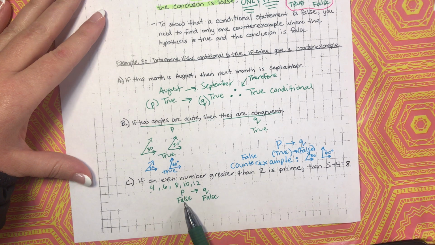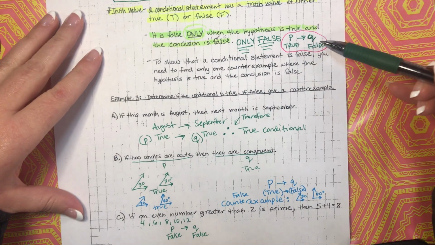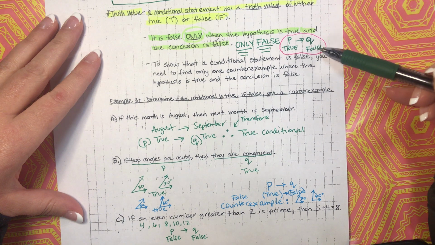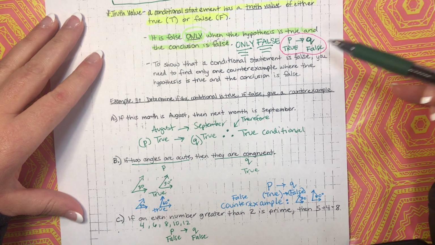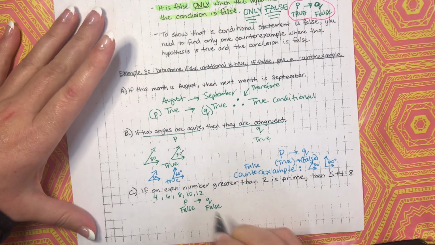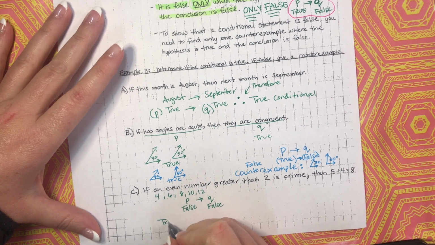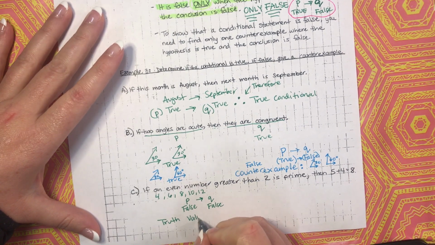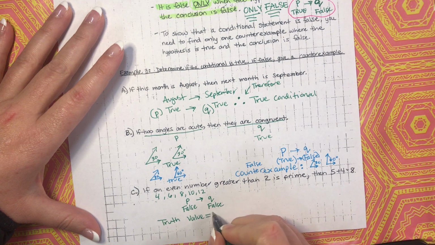Is the hypothesis true? No, the hypothesis is false. And because of that, the truth value of this is not false. The truth value of this equals true.